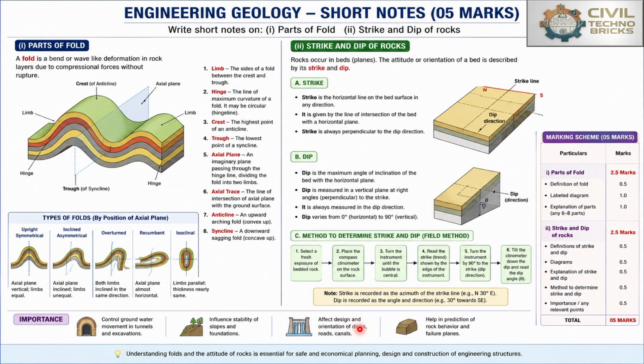Then it affects design and orientation of dams, roads, canals or nearby valley portions. And it is helpful in prediction of rock behavior and failure planes. So understanding folds and the attitude of rocks is essential for safe and economical planning, design and construction of engineering structures.